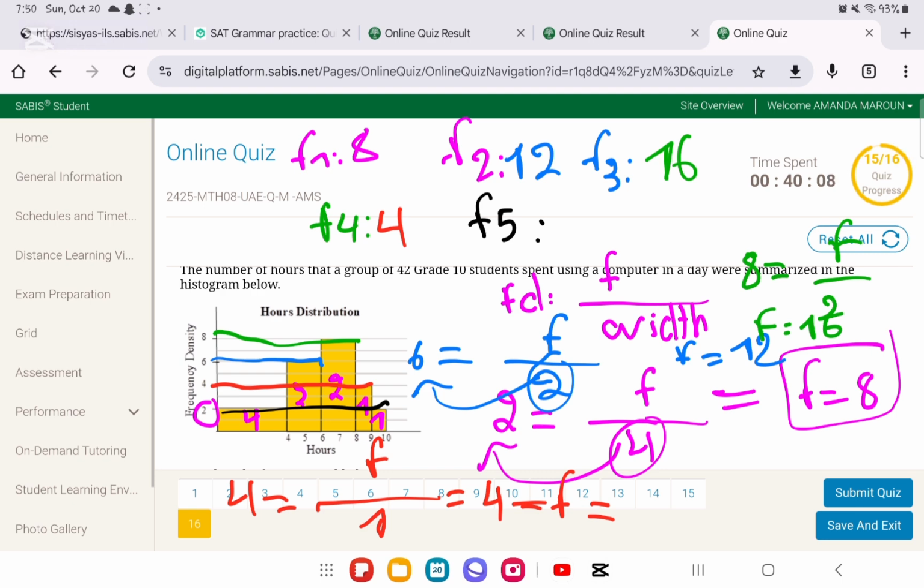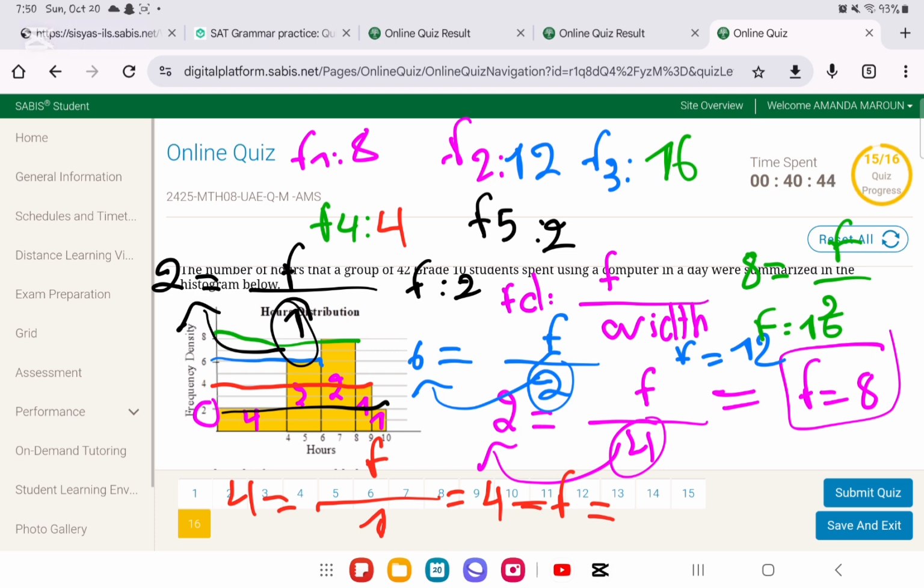Anyways, the frequency density, which is 2, is equal to the frequency over the width, which is 1. So we multiply 1 and 2. You get that the frequency is 2. So in order, it's 8, 12, 16, 4, and 2.